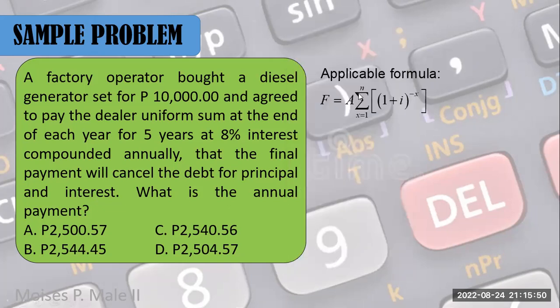So, pwede din summation. Ito yung applicable formula using summation notation. So, to get A, ito lang, F, P pa yan, P. P yan, not F. Sorry. Wait lang po muna.